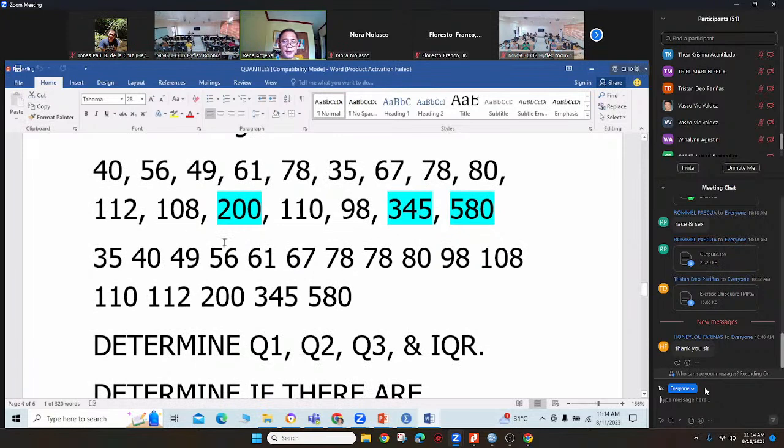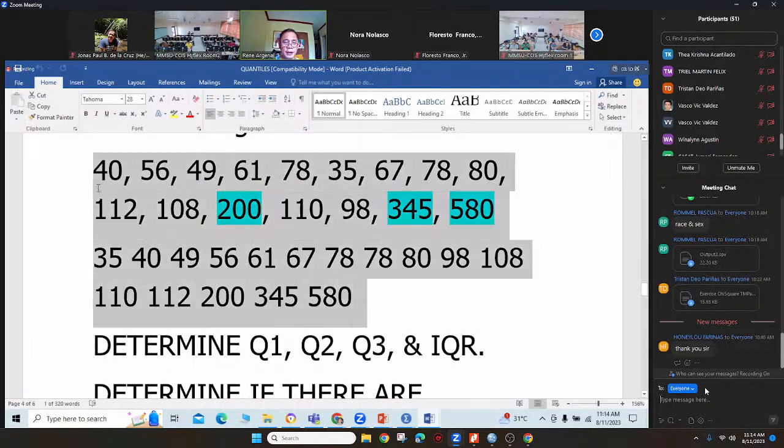So if you have, for example, sample data, first, to determine if there are outliers in this data set, we have to determine Q1, Q3, and IQR.